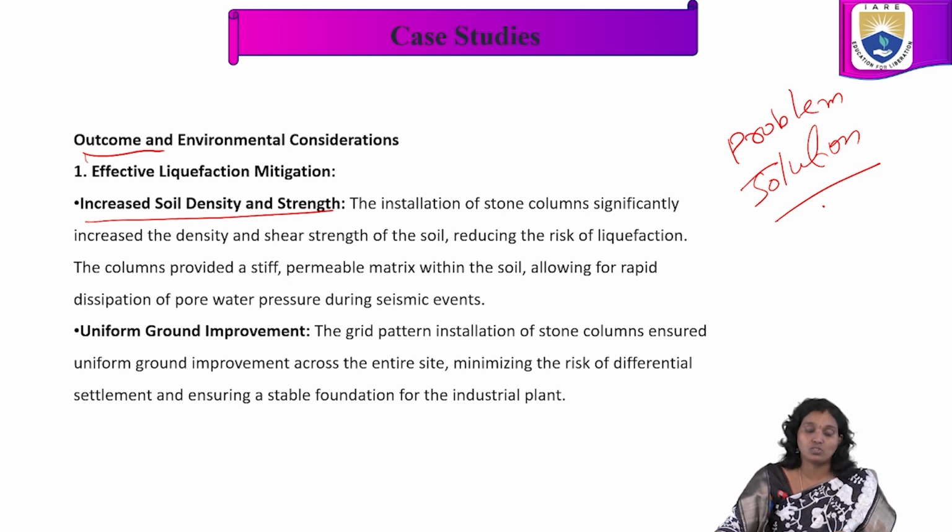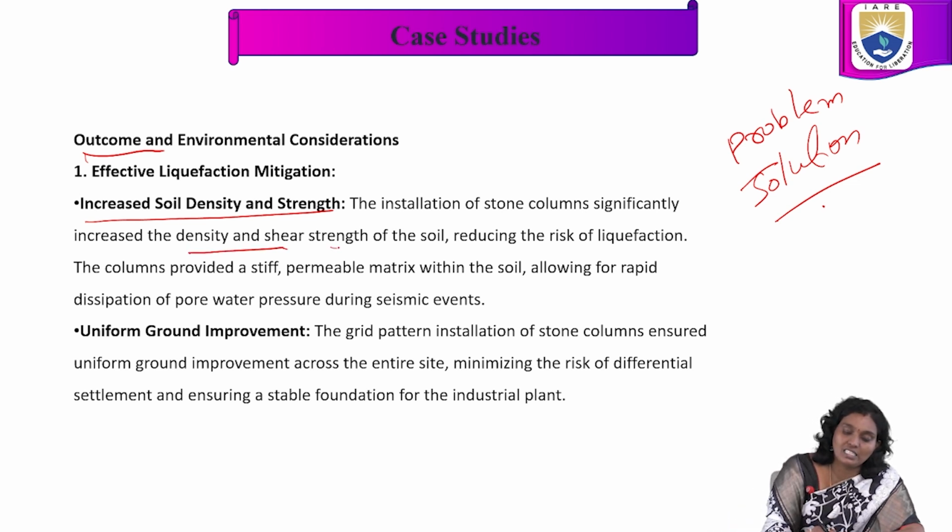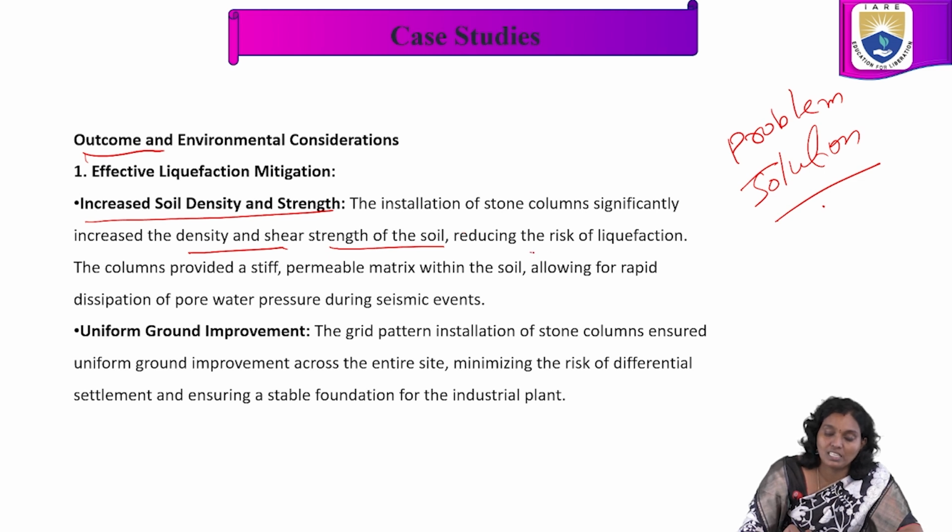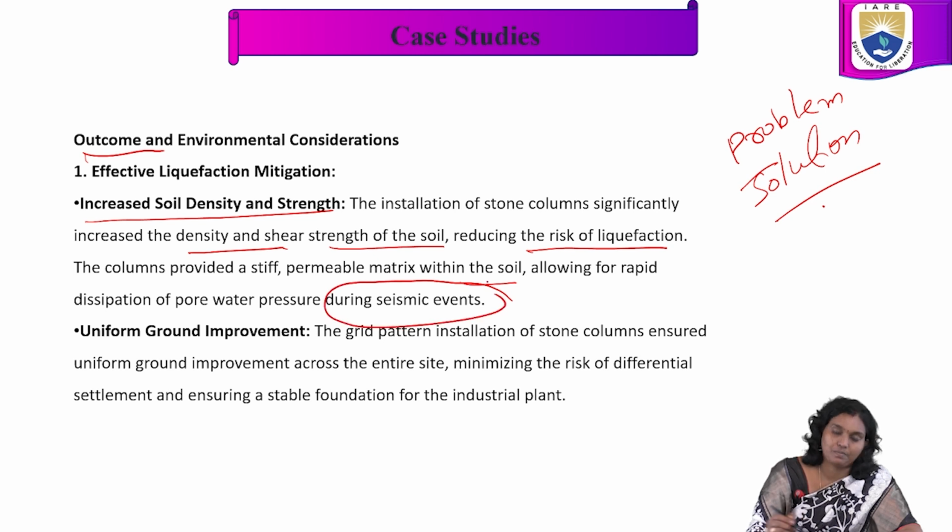That is the increased soil density and strength. The installation of stone columns significantly increases the density and shear strength of the soil, reducing the risk of liquefaction. The column provides a stiff, permeable matrix within the soil, allowing rapid dissipation of pore water pressure during the seismic effect.